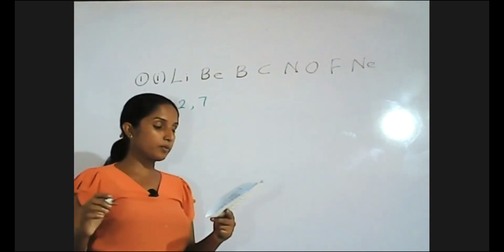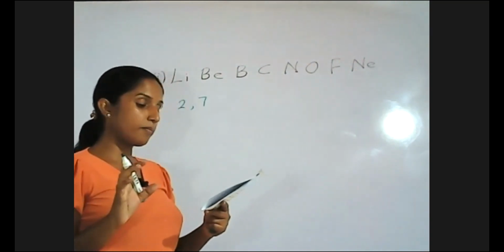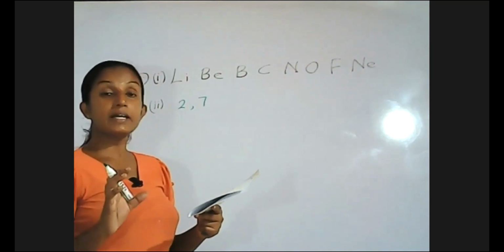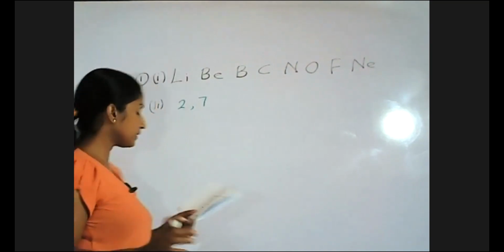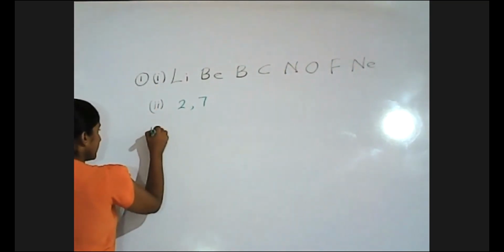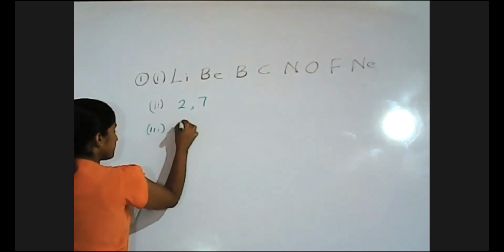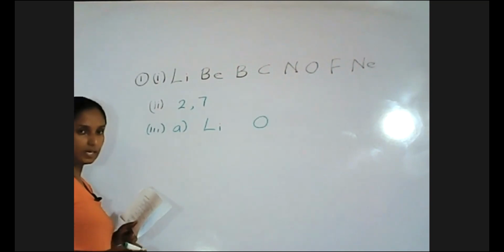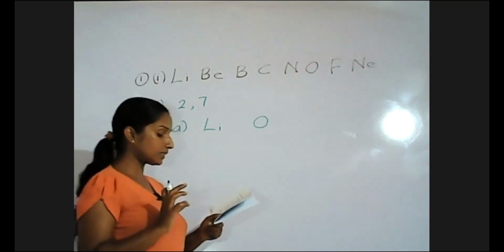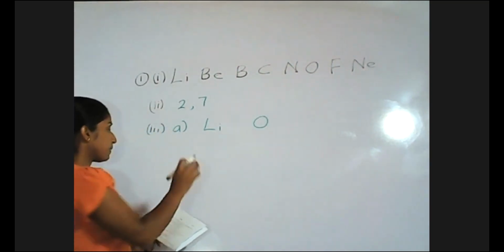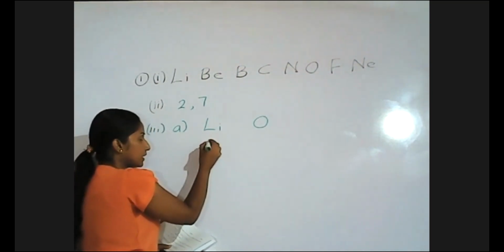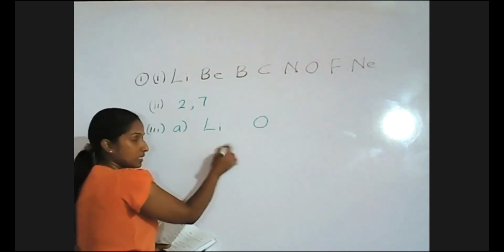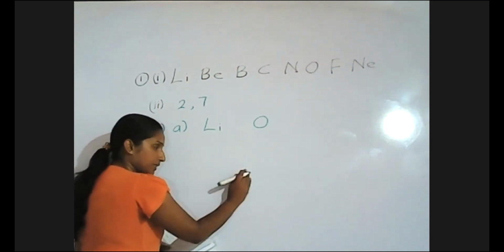Then part 3. Write the chemical formula of the compound which is formed in the reaction between lithium and oxygen. Lithium and oxygen. If you are asked a question like this, Pute, it is better to write in this way: write the valencies and exchange the valency numbers, then write.